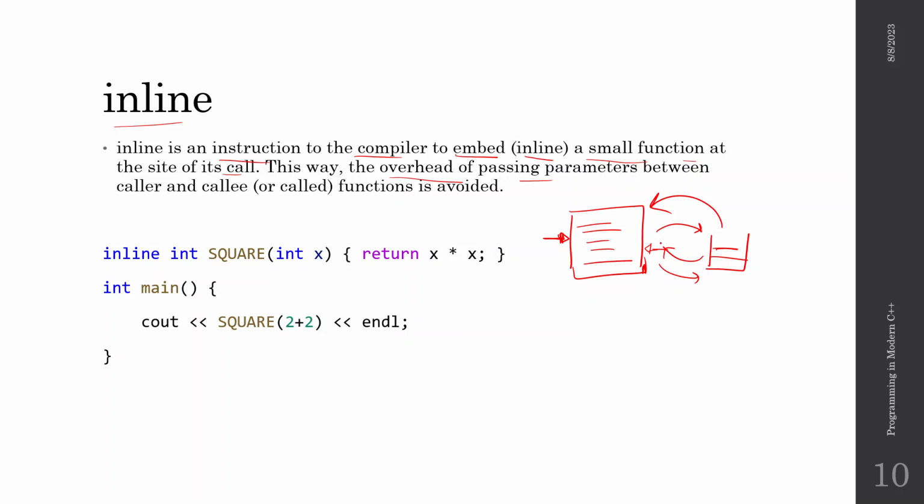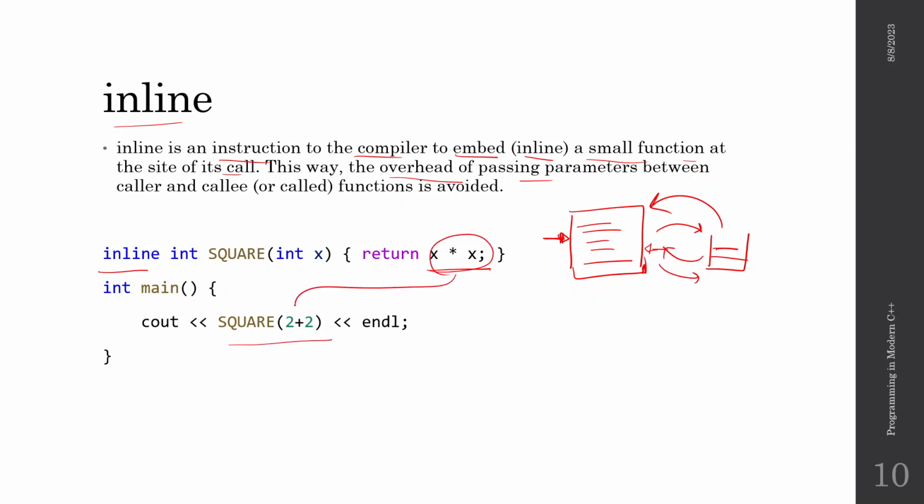So there is some overhead in calling functions. So what we can do is, if our function is very simple, something like x square or x plus 2, let's say 2 to 3 lines or 3 to 4 lines, then we can inline it. We can put the inline keyword, and the compiler will try to replace the call with the function body.